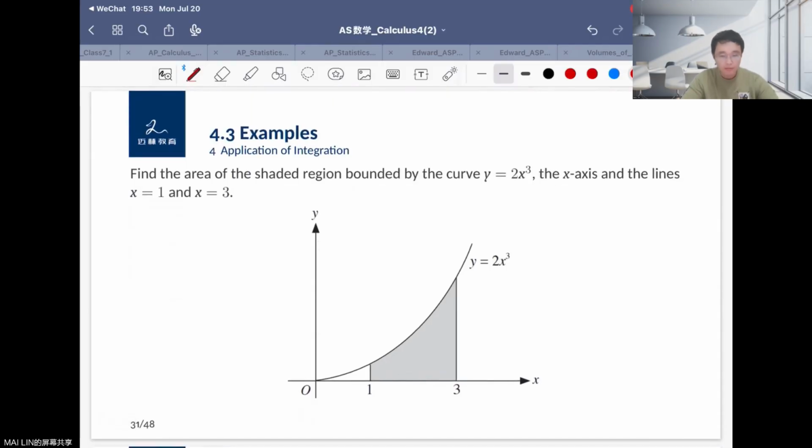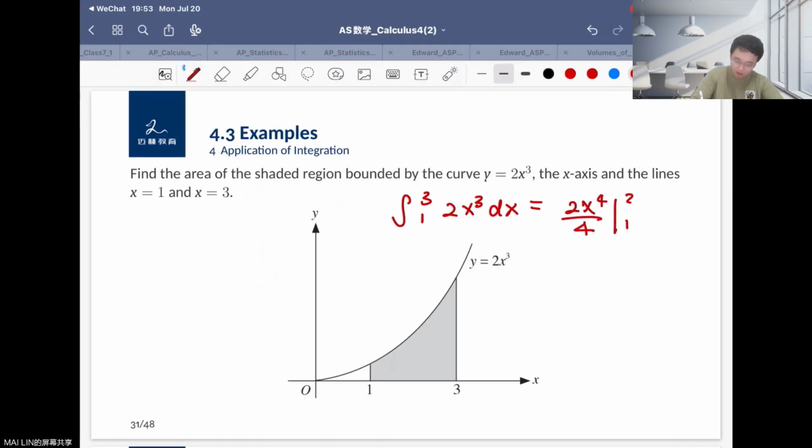Let's move to the examples. We have y equals 2x cubed, and the x domain is from 1 to 3. To calculate the shaded region below y equals 2x cubed, we set the integration from 1 to 3 of 2x cubed dx. The area is 2x to the power 4 over 4, from 1 to 3. For integration, we add 1 to the power and divide by the new power.